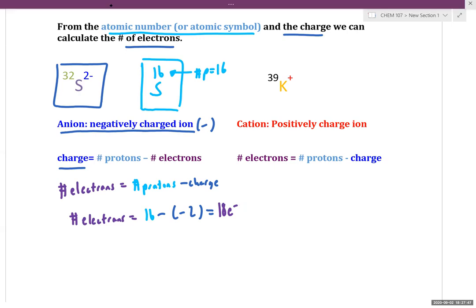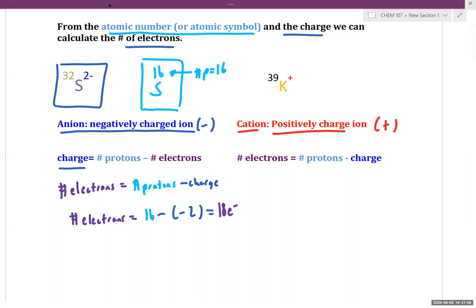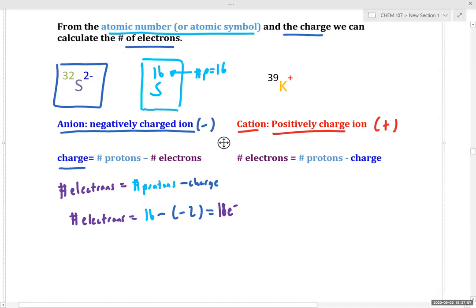Let's look at a cationic species such as potassium. So a cation is a positively charged ion, positive charge. And just like before, we can figure out the number of electrons by taking the number of protons minus the charge. So then, for potassium, we need to figure out the number of protons by looking at the atomic number.